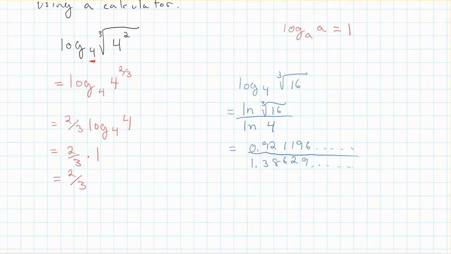And so then if we actually divided those two things, you would get 0.6 repeating forever, which of course is 2/3. So yes, using a calculator we got the exact same answer, which again we should, because we're using properties of logarithms. But we can use properties here to get the exact values.